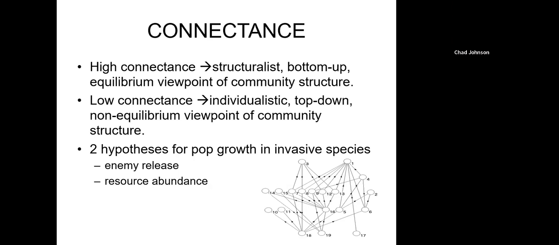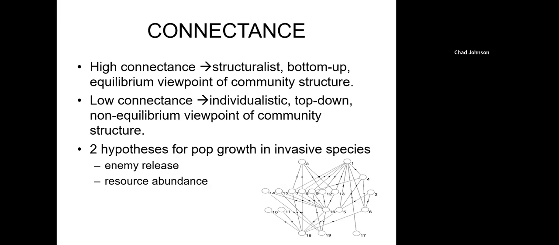The explanation that an invasive species does well because there's no enemies in the new area, it's been released from its enemies. Hopefully you first see, okay, that's top down. The enemy, the exploiter, the predator, whatever, is being emphasized as being absent and therefore it's doing well. That's a top down non-equilibrium viewpoint of the community.